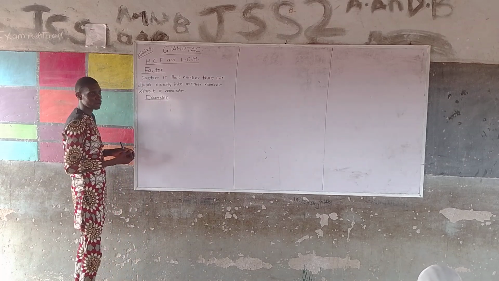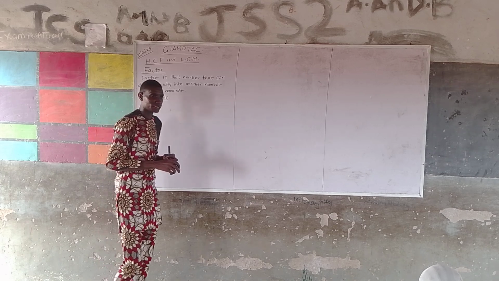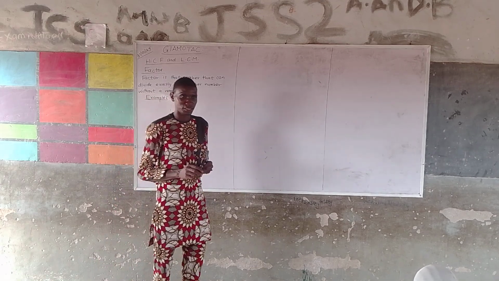How can you identify a factor that is dividing another number exactly?